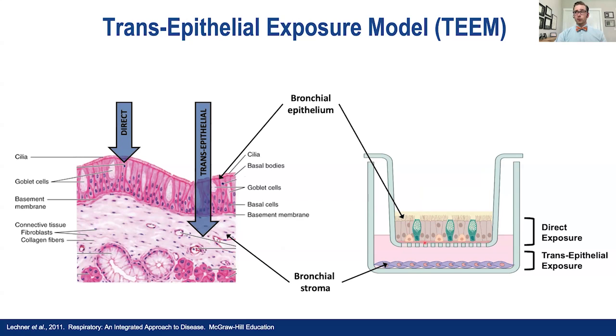And we separate these. This is an indirect co-culture. Happy to discuss the pros and cons of that. But basically, it allows us to represent this tissue more or less, and we can capture the effects of direct exposures, which is material interacting with the epithelial cells, and transepithelial exposures, or if you have an exposure up in this epithelial compartment, then we'd be looking at what's going on in the fibroblasts.